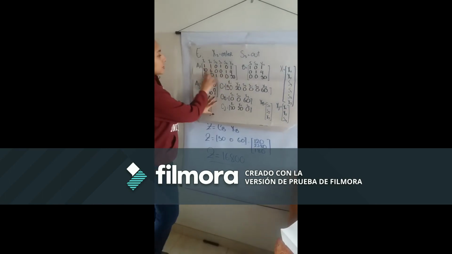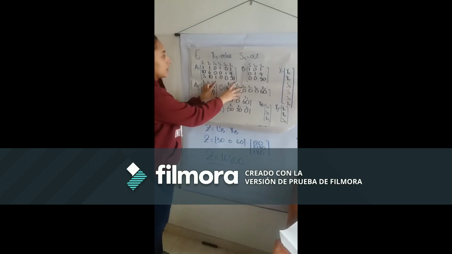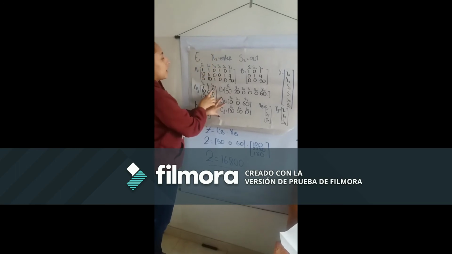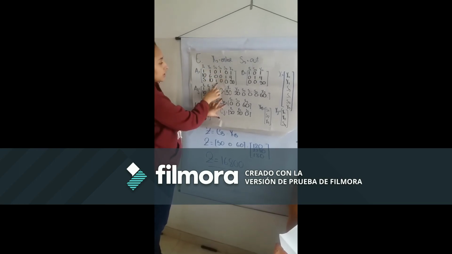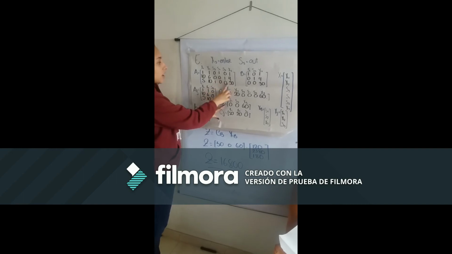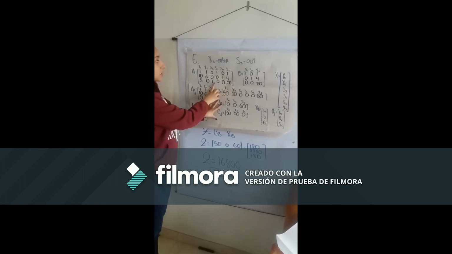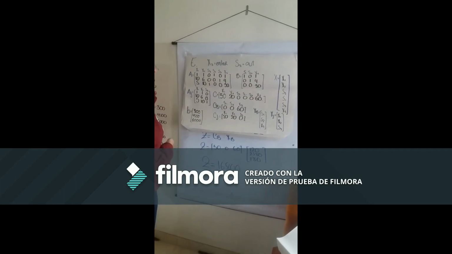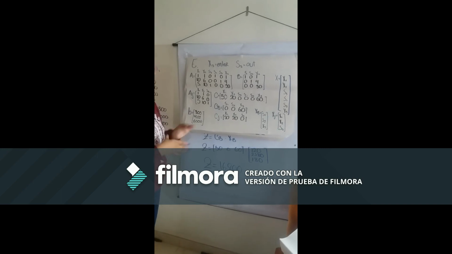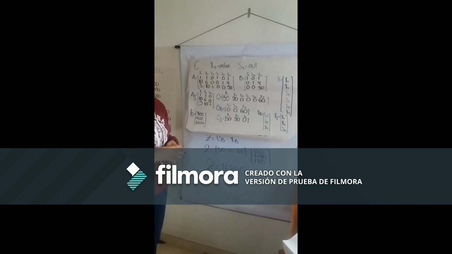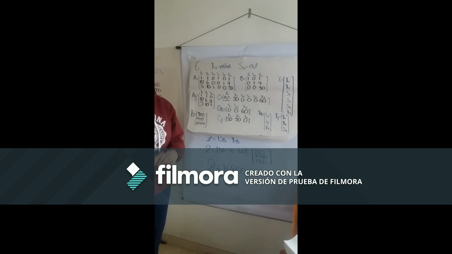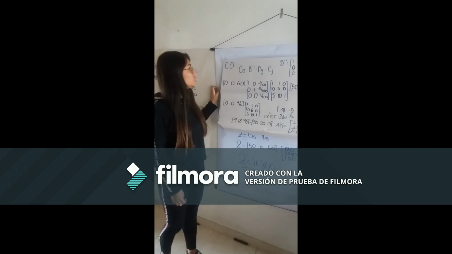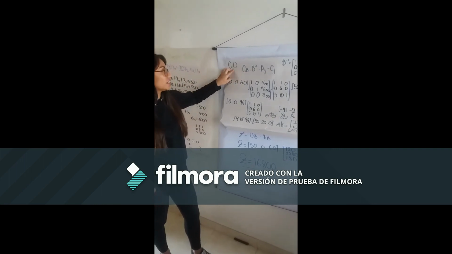In this change, we change s3 by x3, so now s3 is in the place of x3, and x3 is in the place of s3. All the matrices are changed, and after the change we start again with the optimality criterion.